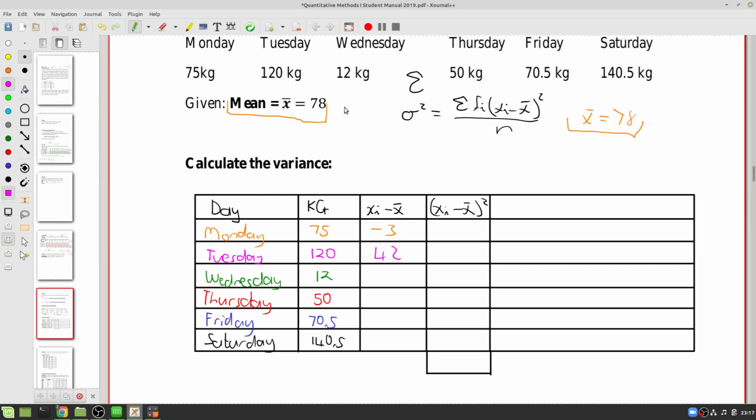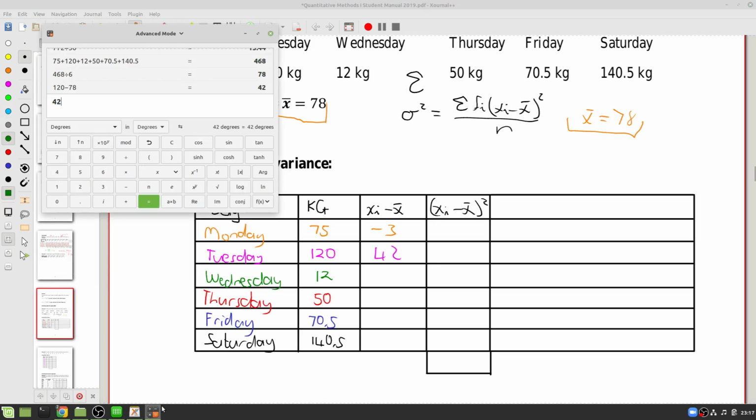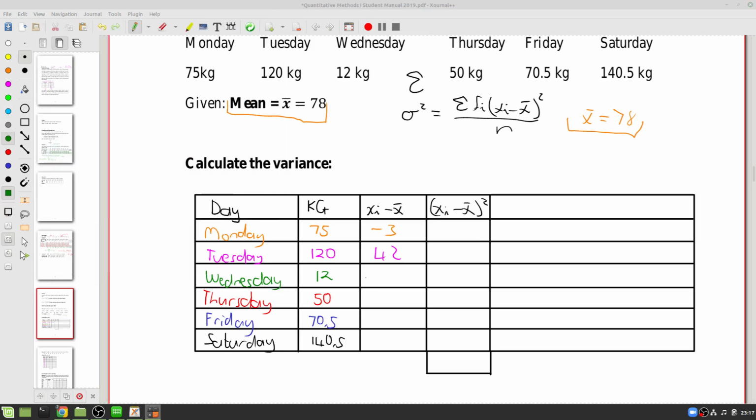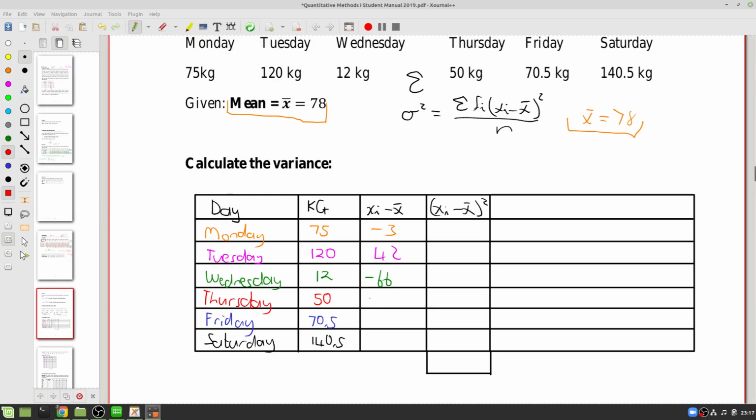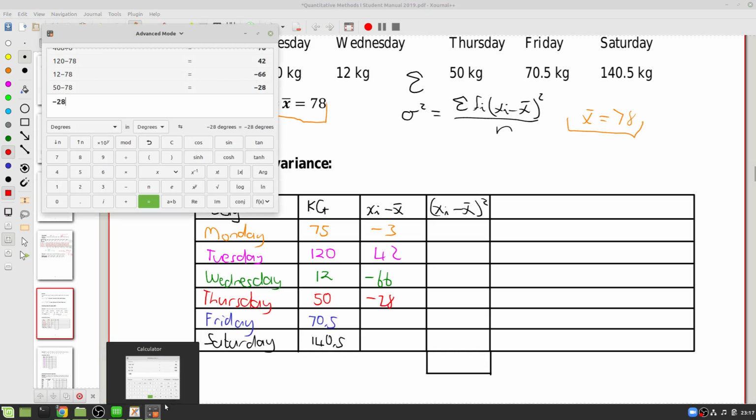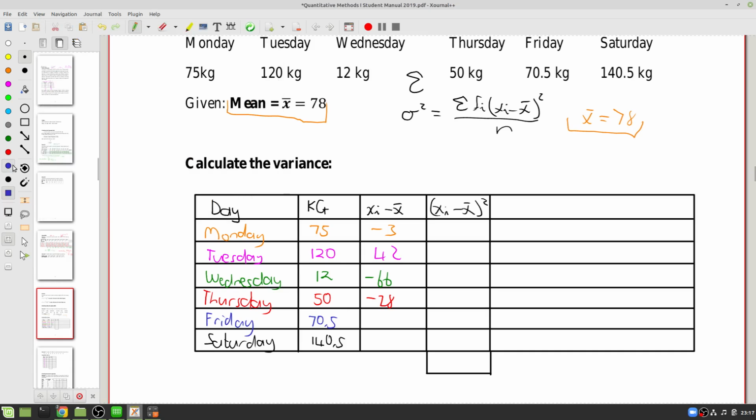Then 12 minus 78, negative 66. 50 minus 78, negative 28. 70.5 minus 78, negative 7.5.